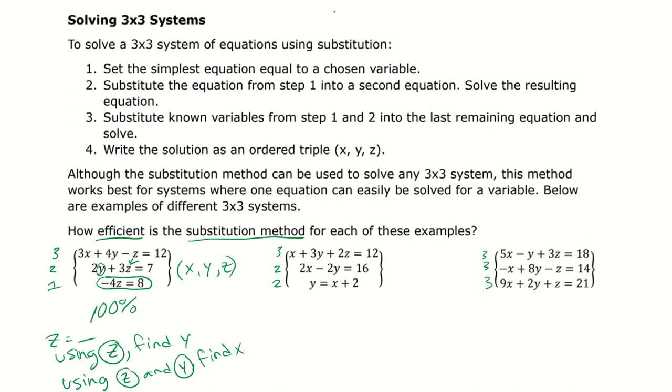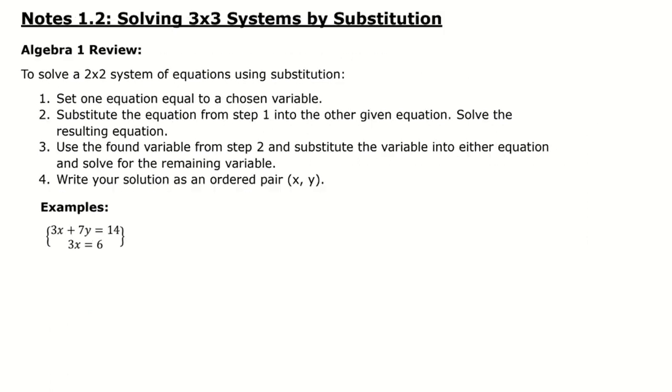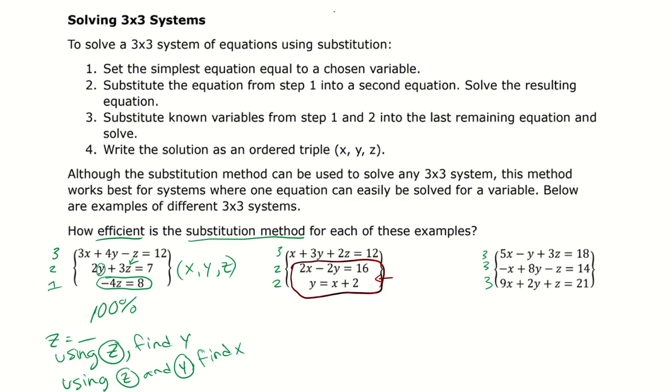The middle one is set up for you to use also substitution. However, here you're going to have to go back to algebra 1 for a little bit and visualize yourself in algebra 1 using these 2 equations, because these are a 2x2 system. So if you use the skills that we previously reviewed on this slide, it can help you find x and y right away.